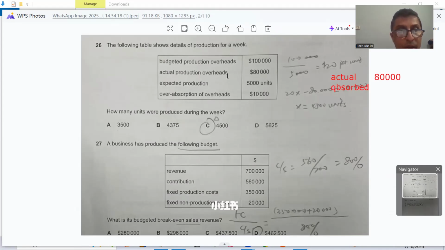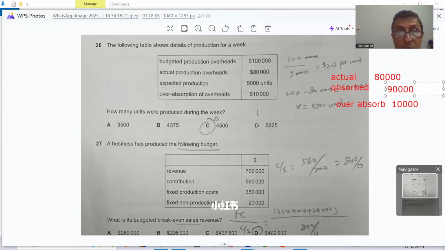Actual production, do we have? No, we don't. But we have over absorption, which is given, that is 10,000. Over absorption means that absorbed overheads are more than actual overheads. So absorbed overheads are going to be 90,000. 10 plus 80, 90. That is why we are getting over absorption of 10,000.